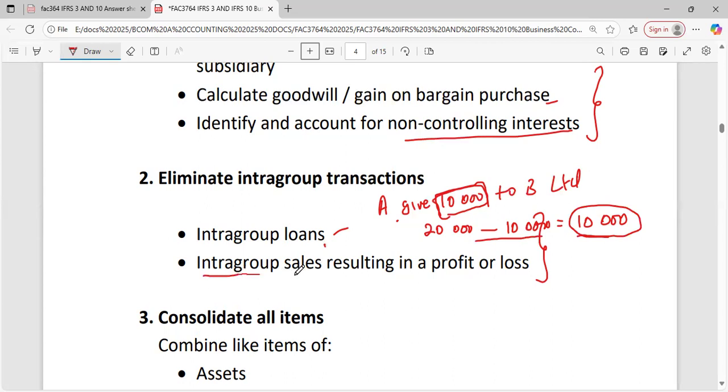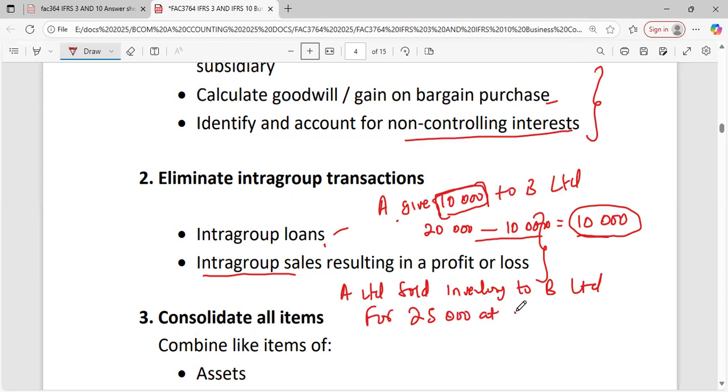Then we go to intra-group sales. Say A Limited sold inventory to B Limited for 25,000 at a markup of 25%, so the 25% markup is in here. This is an intra-group transaction.